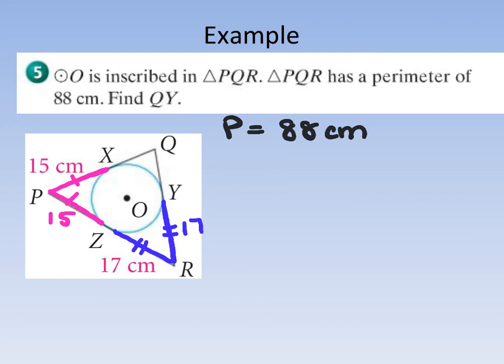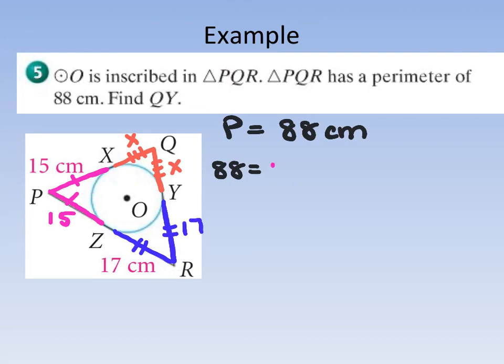And lastly, we have XQ and QY that meet outside the circle, so they're tangents that are congruent. However, we don't know what the length of them are, so we're going to call them both x. Now if I want to use my perimeter, we know that the perimeter of 88 should equal the sum of all the sides.